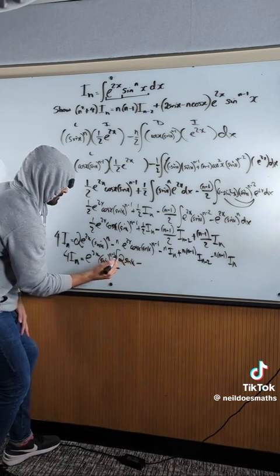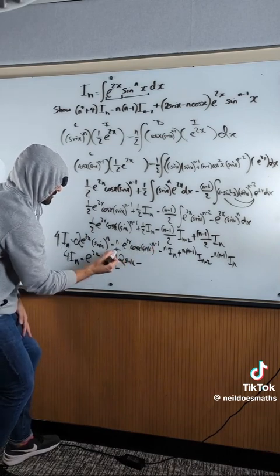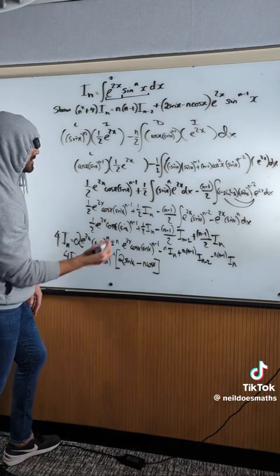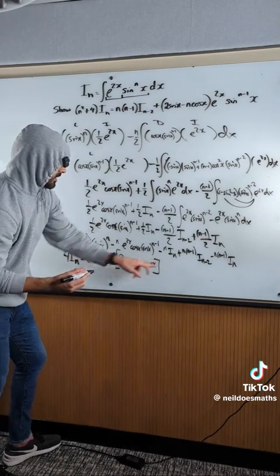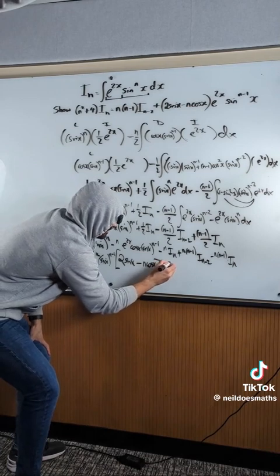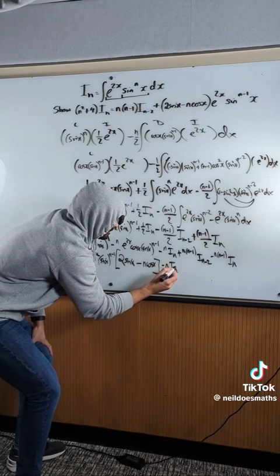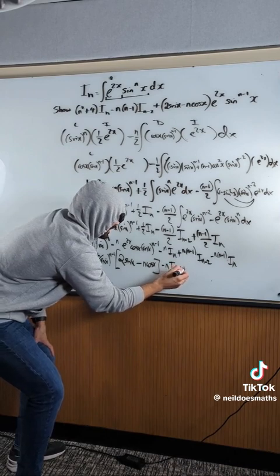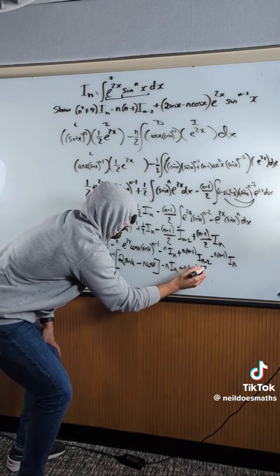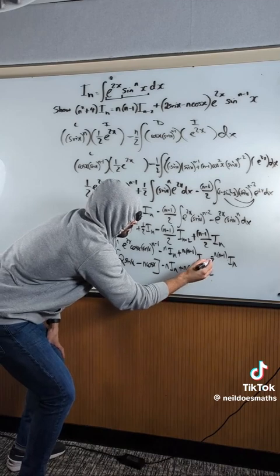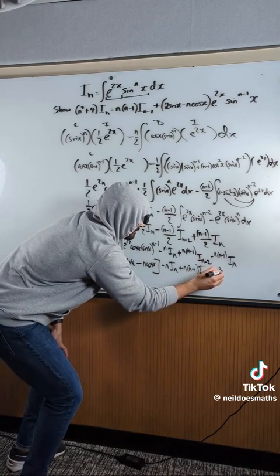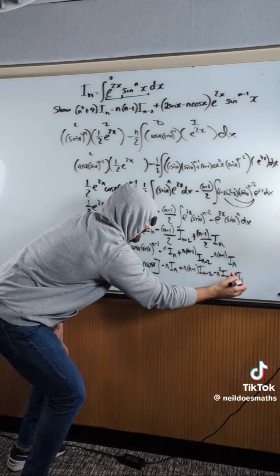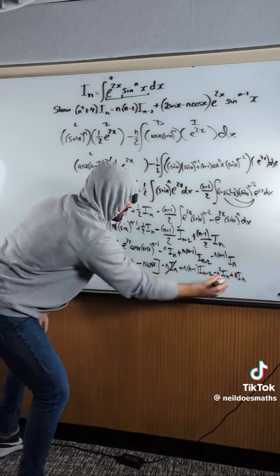Minus, you took that out, so n cos x. Then you have minus n In plus n, this I'm not changing. Minus n squared In plus n, which cancels.